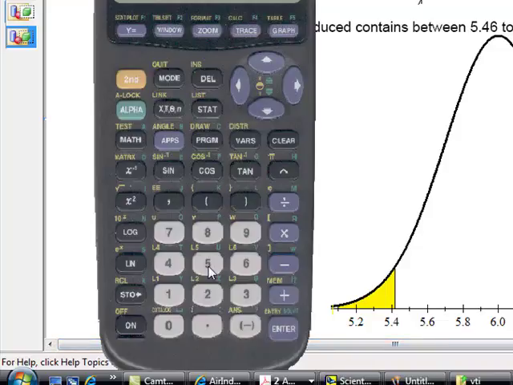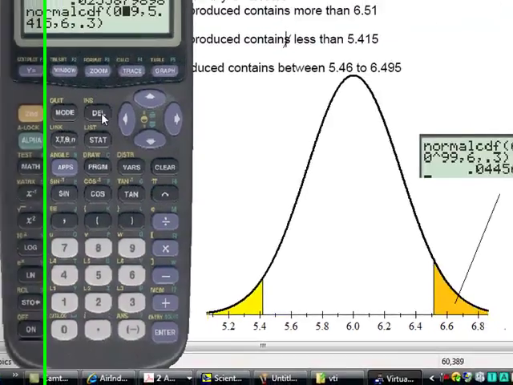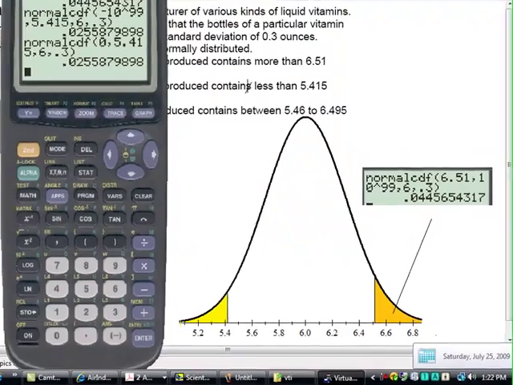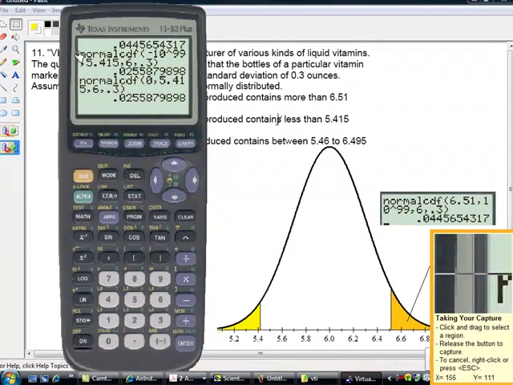So this is 5.415, then 6, comma 0.3. So you got that answer. Even if you had entered 0 here, you should still get the same answer. The answers won't really differ, or actually not at all in this case.